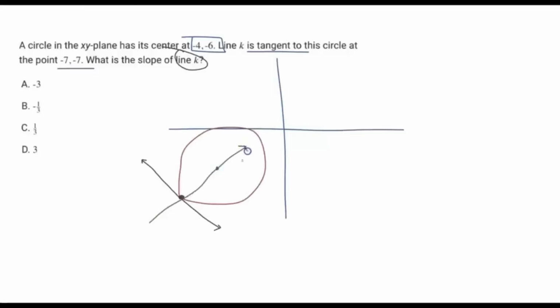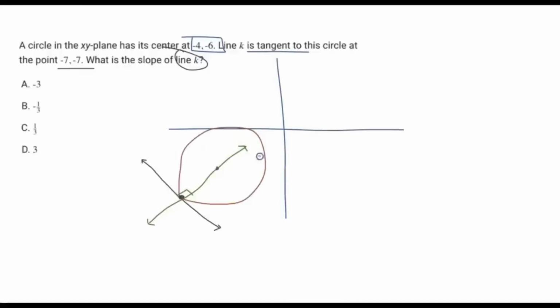Just pretend that's a straight line. You can see that the green line is going to make a perpendicular angle with line K. And so those are perpendicular lines. And perpendicular lines have opposite reciprocal slopes. And therefore, what we need to do is find the slope of the green line here, and then we can find the slope of line K.